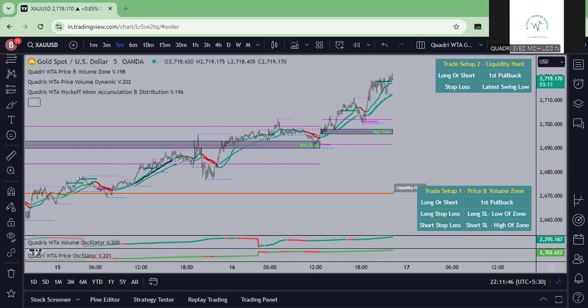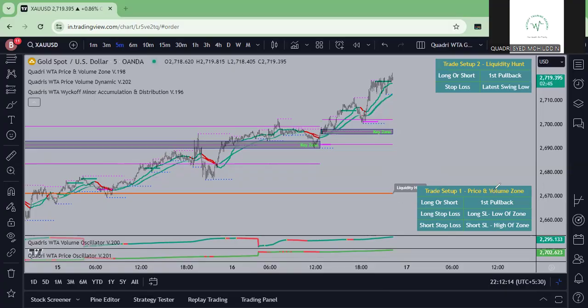You can trail according to the bottom line, or according to the line which is closer to price. Once you are in a trade, price keeps going until it breaches this level. You can stay in the trade, and once it breaches, you have to look out for a new opportunity if you're trading based on liquidity.